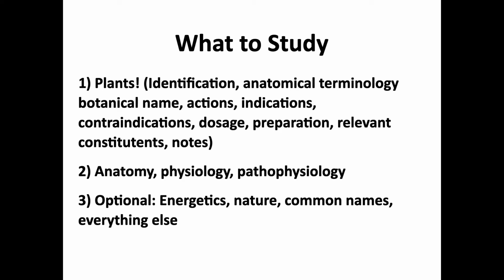That's the nature. And also, if you're going to study Chinese medicine, perhaps the meridians that it enters. The common names I would make optional. You're probably going to learn them on the way anyway. Things like Curcuma longa is turmeric and Morinda citrifolia is noni, and everything else.